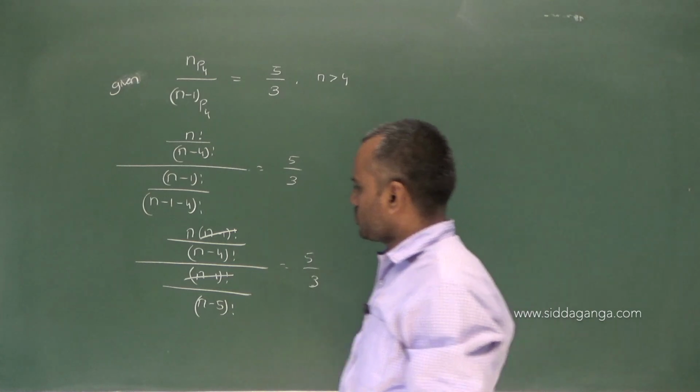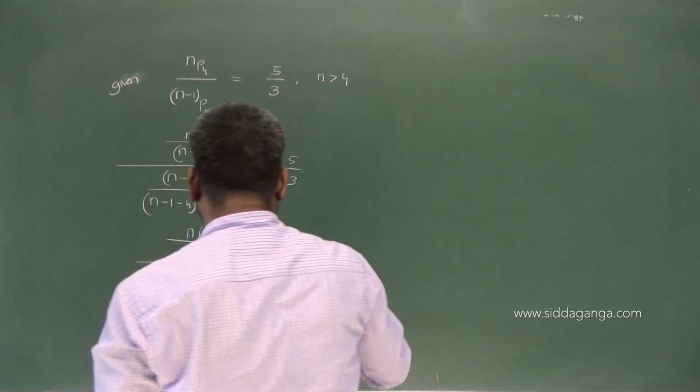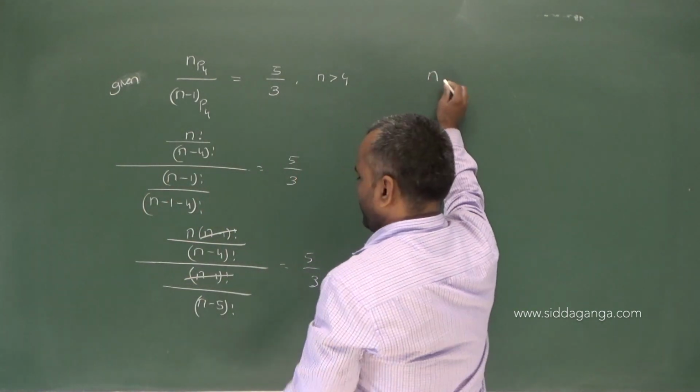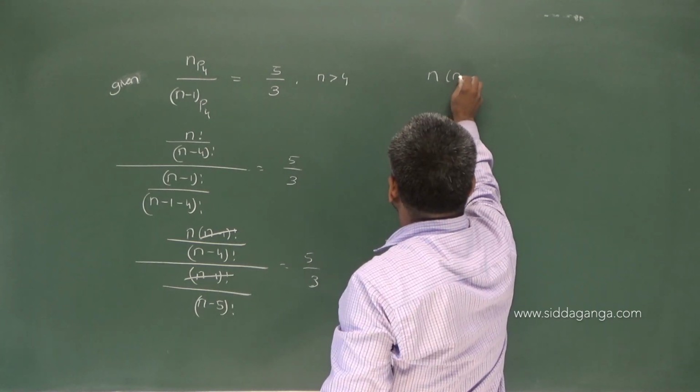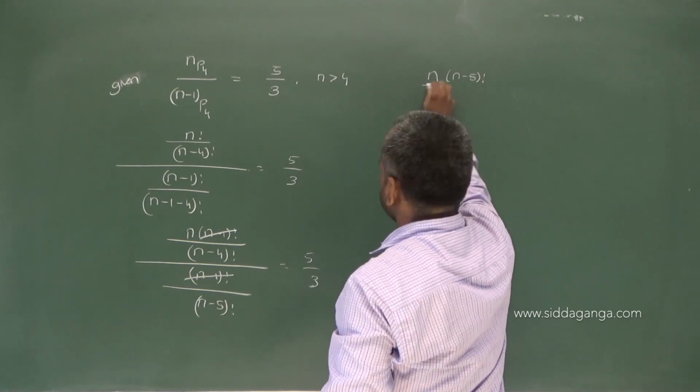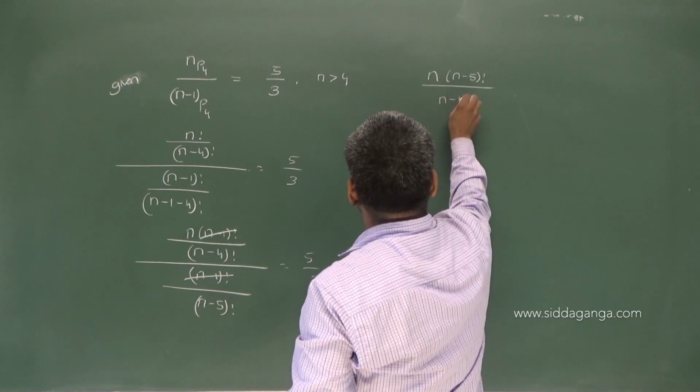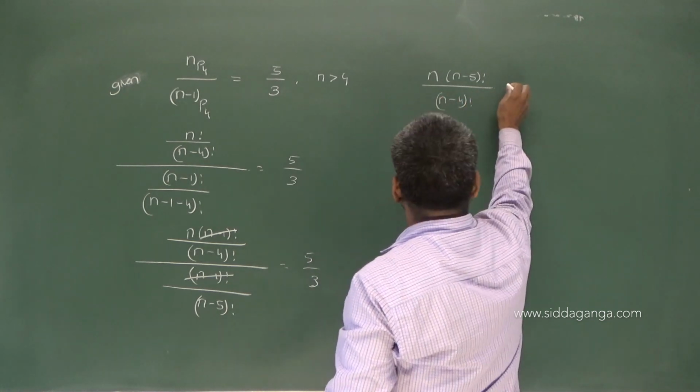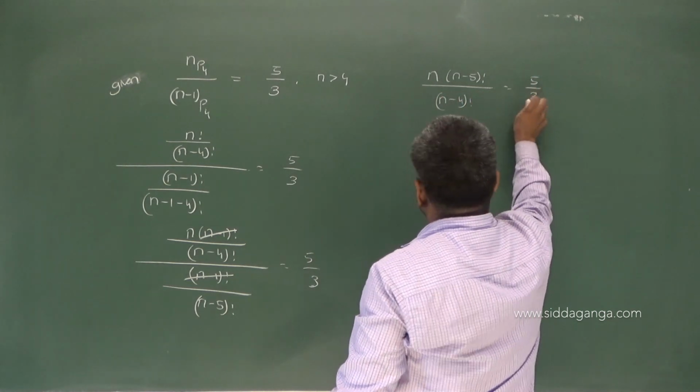Denominator of denominator goes to numerator, then n into n minus 5 factorial divided by n minus 4 factorial is equal to 5 by 3.